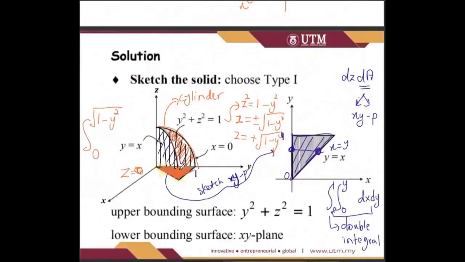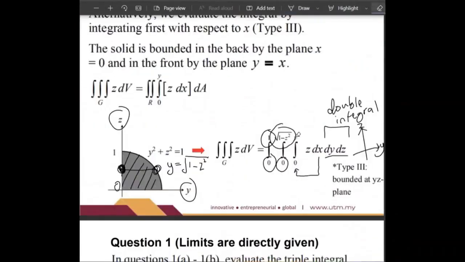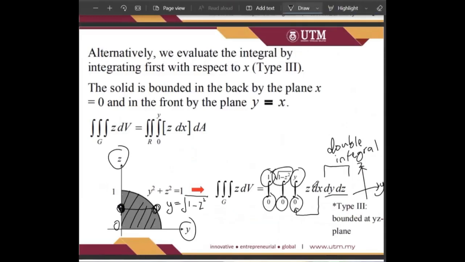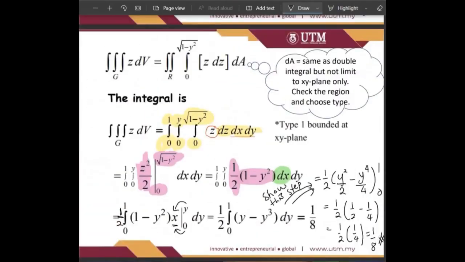You see x, we start from x equal to 0 until x equal to y. So the limit is 0 to y. So this is how to answer the question. And then you can integrate as usual. You can integrate z dx dy dz. You will get the same answer, which is 1 over 8. Alright, so you all can try.